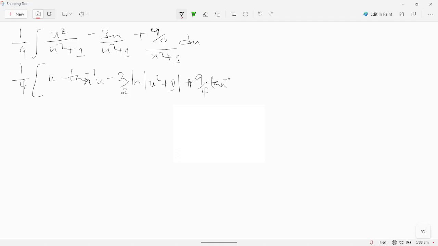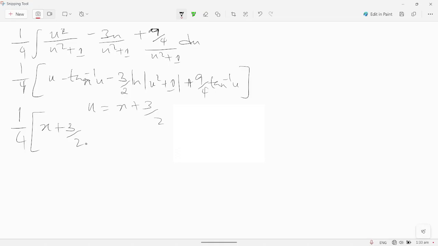Then at the beginning, earlier on, we said that let u be equal to x plus 3 over 2. So we can replace back the value of u, since the question was in terms of x variables, not u. At the end, you have to replace back so that you find the final answer. So this should be 1 over 4. Wherever there is u, you have to put x plus 3 over 2.